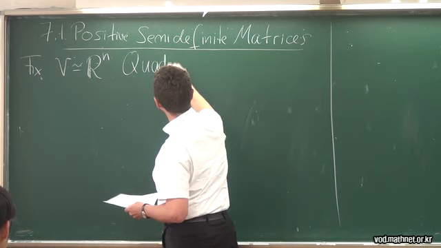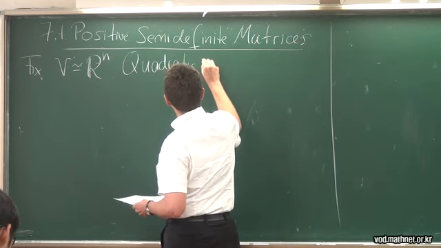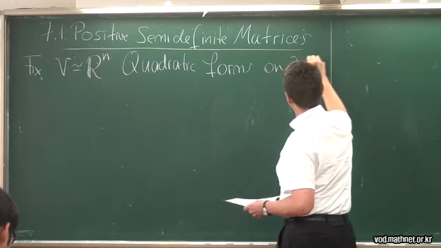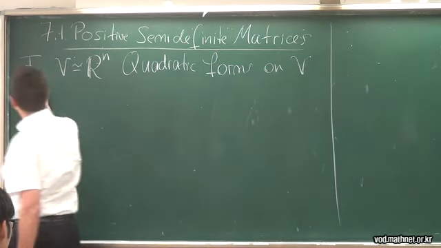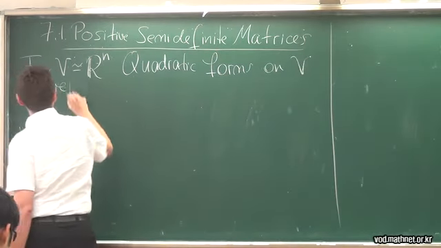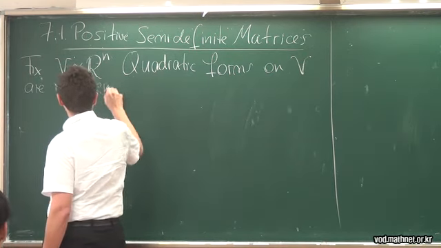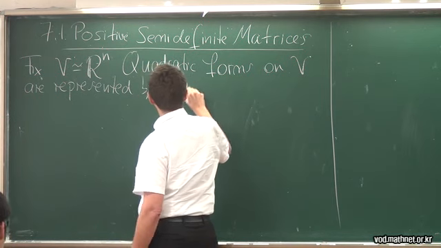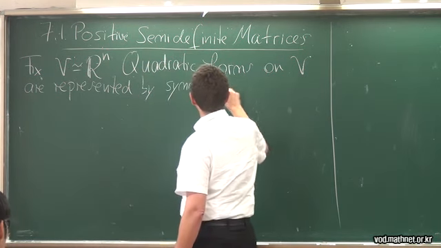So if we have a basis, then quadratic forms on this vector space are represented by n by n matrices, namely by symmetric n by n matrices.